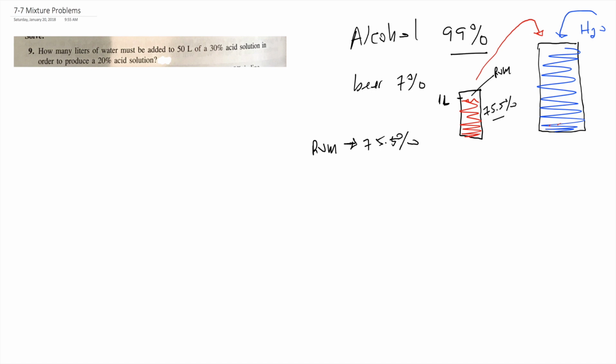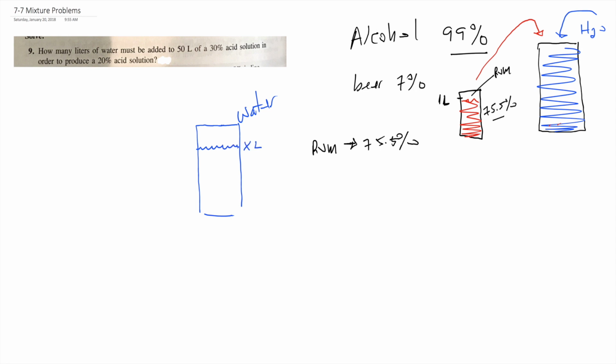When you look at the problem, it says how many liters of water must be added to 50 liters of a 30% acid solution? So here is your acid solution, and here's your water, and it's how many liters.